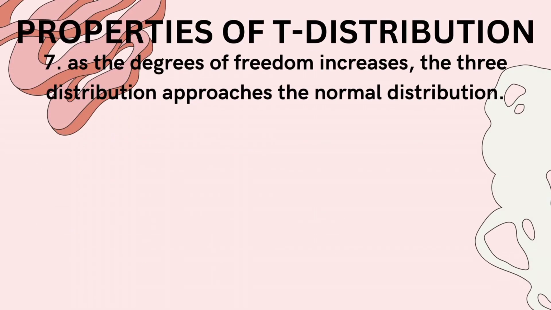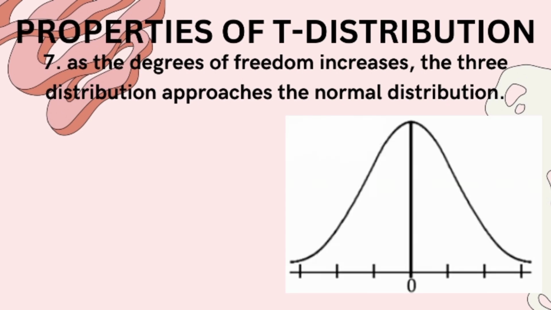Number 7. As the degrees of freedom increases, the T-distribution approaches the normal distribution. So, let's have a normal distribution. This one is a T-distribution with degrees of freedom equal to 3.